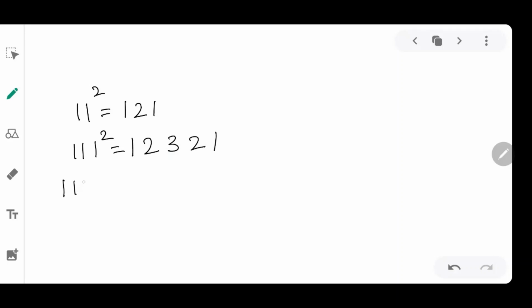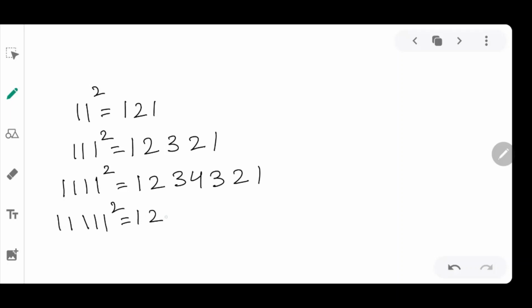If it is 1, 1, 1, 1 square, then you will have 1, 2, 3, 4, then repeat after 4 because we have 4 digits, 3, 2, 1. If it is 1, 1, 1, 1, 1 square, then 1, 2, 3, 4, 5, then repeat 4, 3, 2, 1. This is how we can calculate the square of numbers which are having 1 in it.